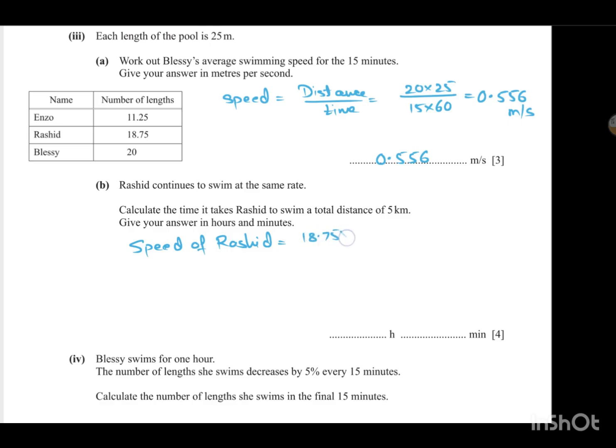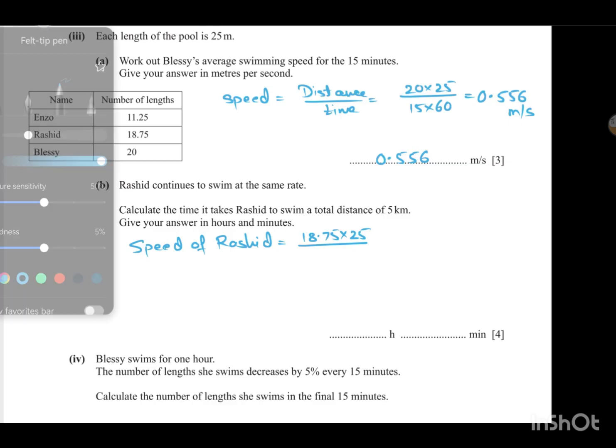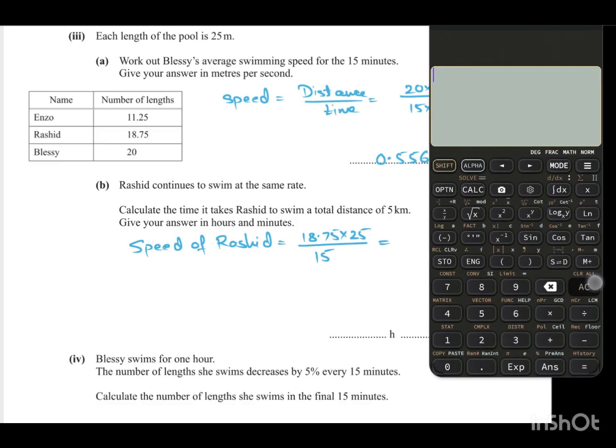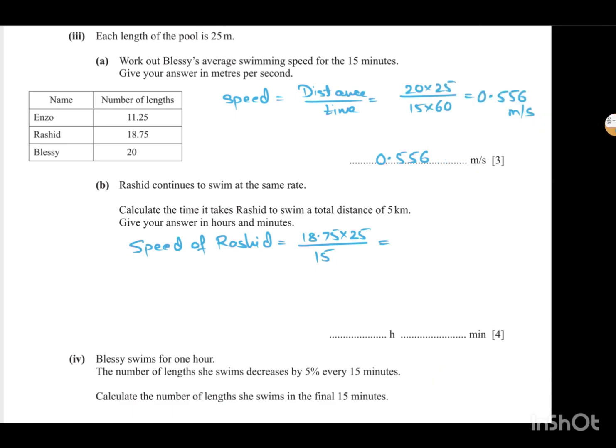18.75 into 25 by 15. Let us find it in minutes, meters per minute. 18.75 into 25 by 15 is 31.25 meters per minute.